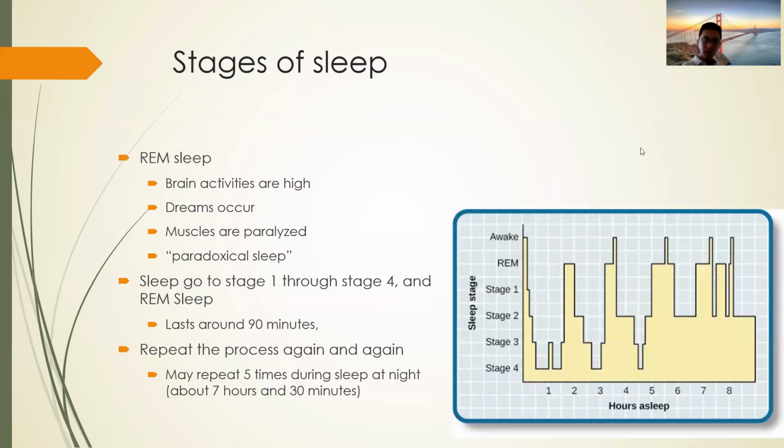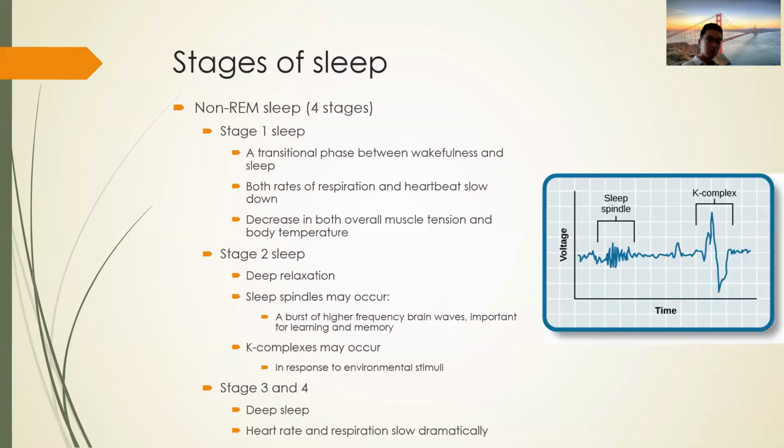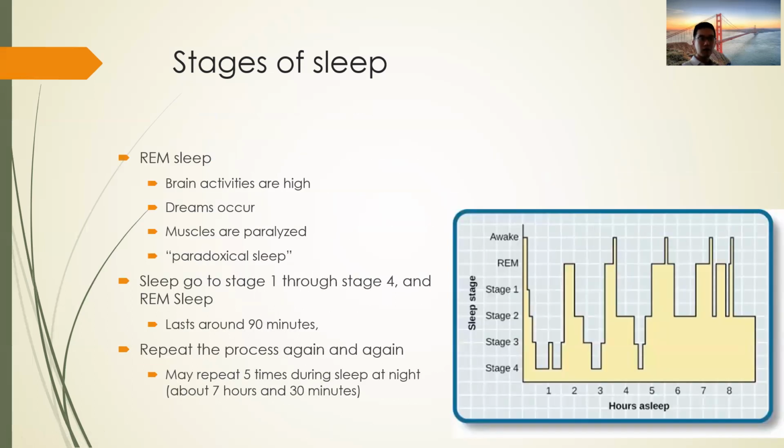And then after stage 4, the body goes to REM sleep. So the former 4 stages are the non-REM stages, and the 5th stage is the REM stage. Very interesting that in this stage, the brain activity is relatively very high compared to the other 4 stages. That's when the dreams occur. So dreams only occur in the REM stage.